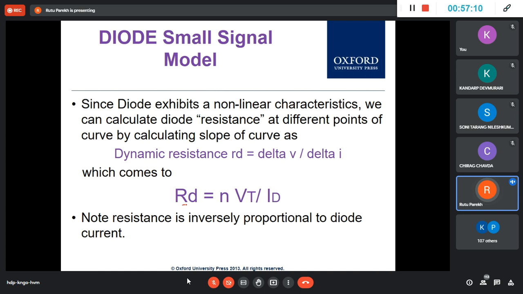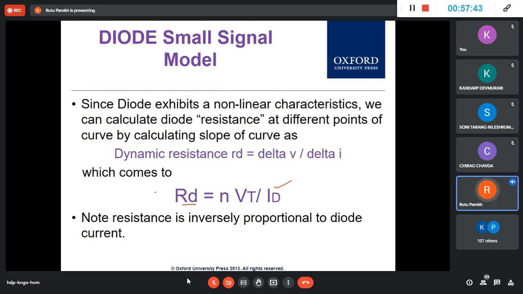And you can see that RD and ID are inversely proportional. It is 1 upon, right? So more current, less RD. R changes, so current changes. Depending on the voltage, you will have the current. But if you think of the physics, because of the voltage, R is changing, and hence ID is changing.